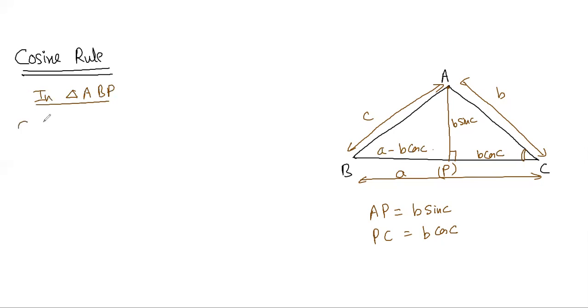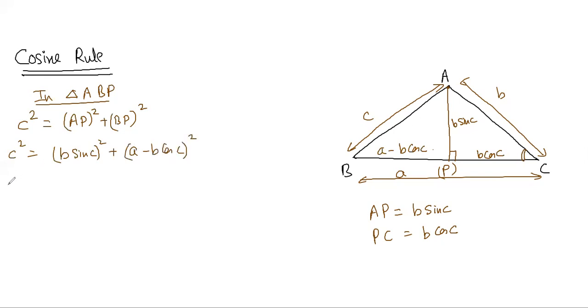Square of hypotenuse will be equal to c square will be equal to AP square plus BP square. So c square can be written as AP, AP is b sine C square plus BP, BP is a minus b cos C whole square.